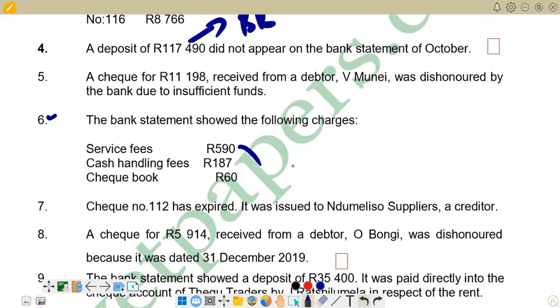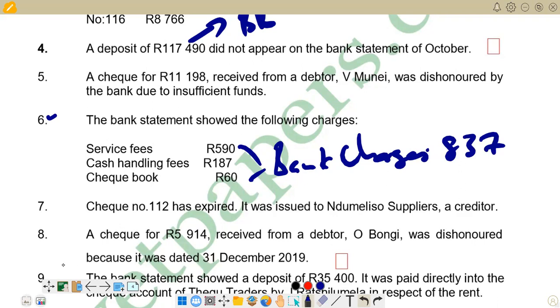All these are bank charges, so we need to add them all to get the total and put them as one figure. If we add them, we are going to get 837. So we can go to the cash payments journal and put our 837 as bank charges.